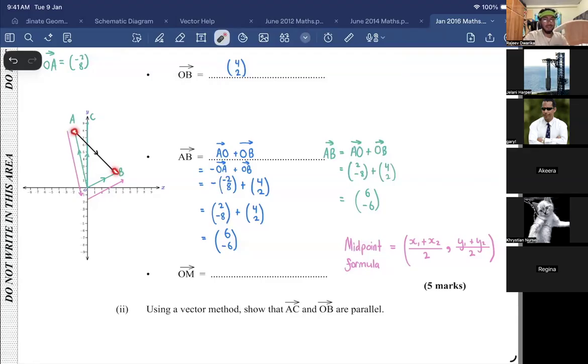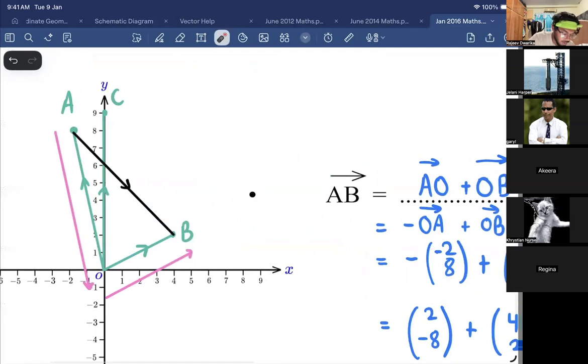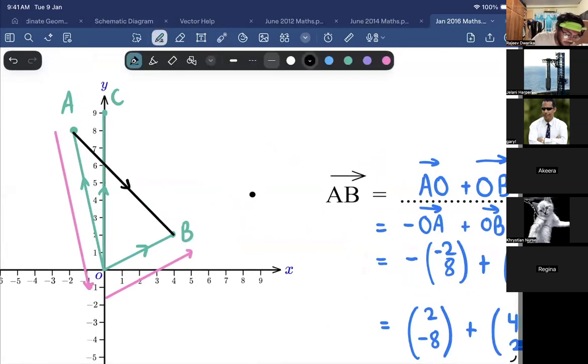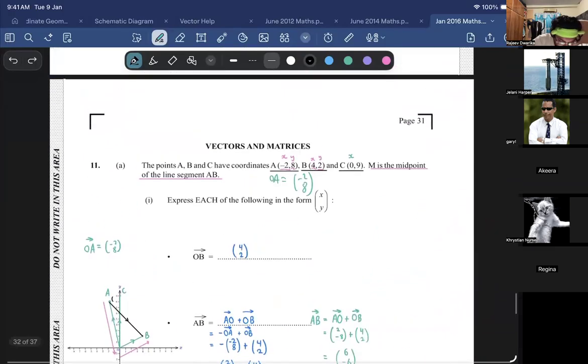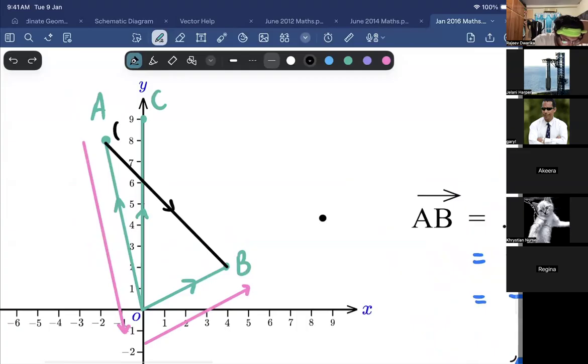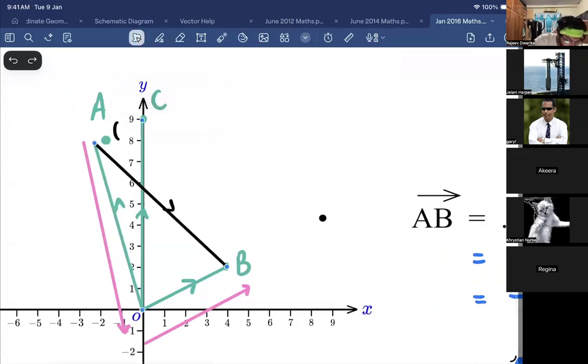A and B. So doesn't it make sense for me to use A and B as my points? Yes, sir. And remind me, somebody remind me, what was point A? It was -2, 8.